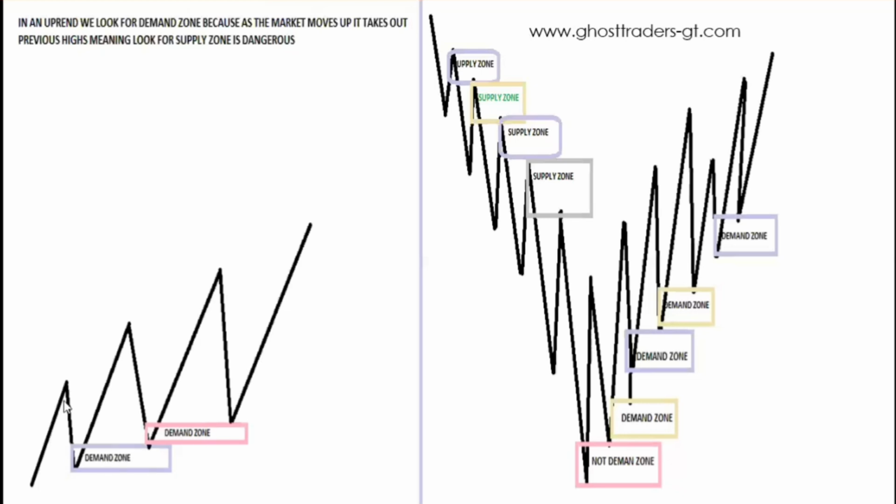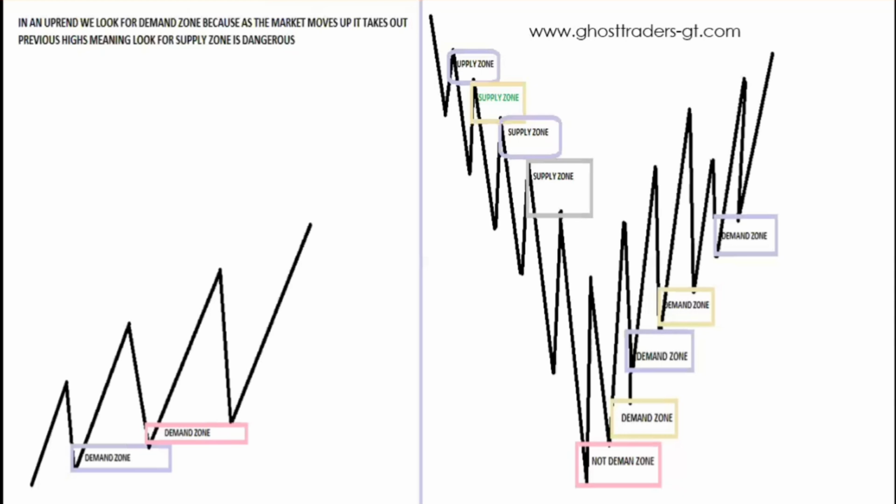But since the market succeeded in taking out this high, therefore this demand zone can be trusted. Even here, the market succeeded in taking out the previous high. Therefore, this area here can be trusted as a demand zone. If the market fails to take out this high, we will not trust this.